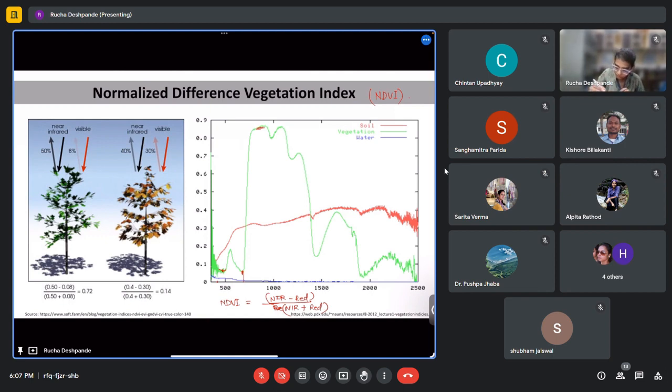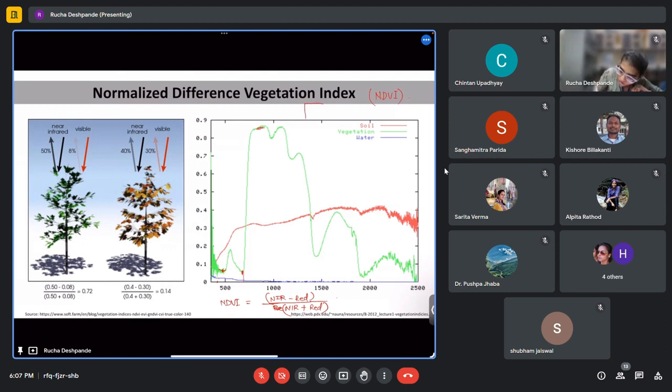So we calculate NDVI by normalizing the difference between NIR and red. The higher the difference between these two reflectances, the more the vegetation cover. That would define the presence of vegetation in the NDVI band.